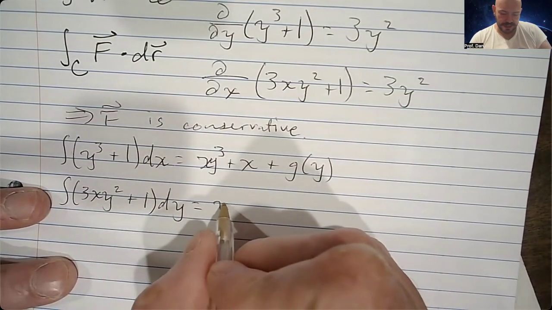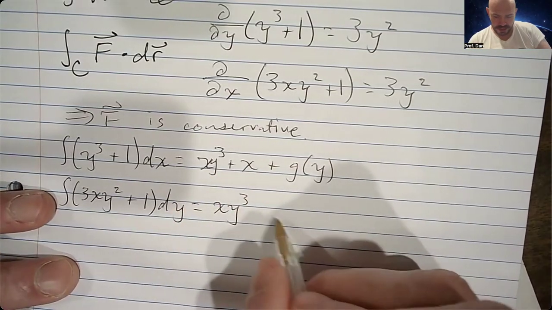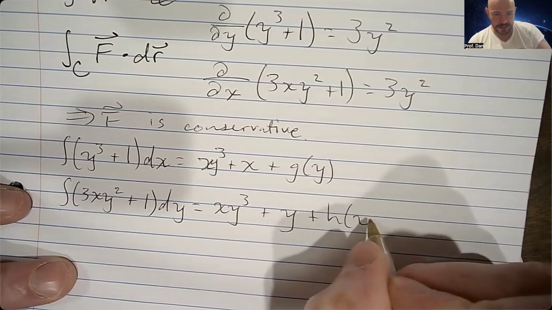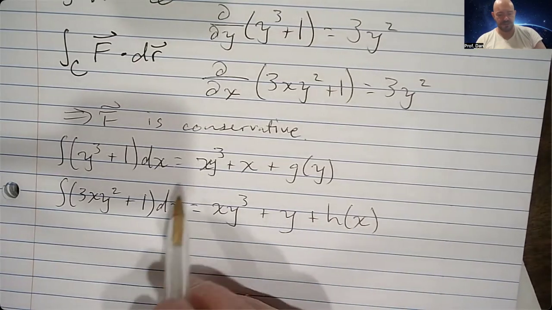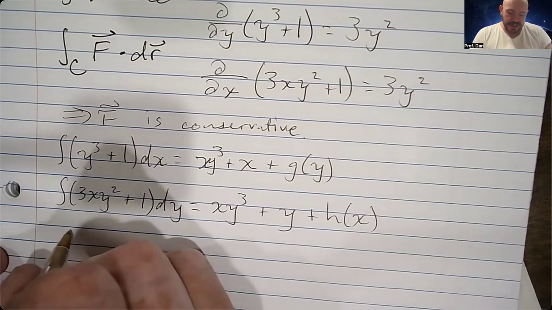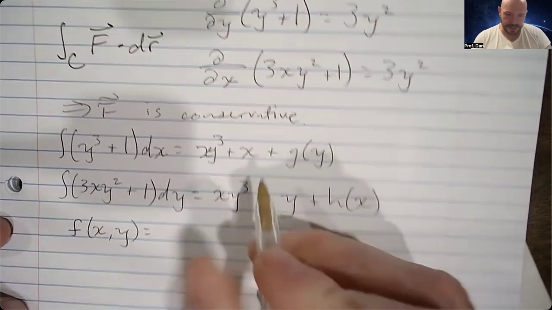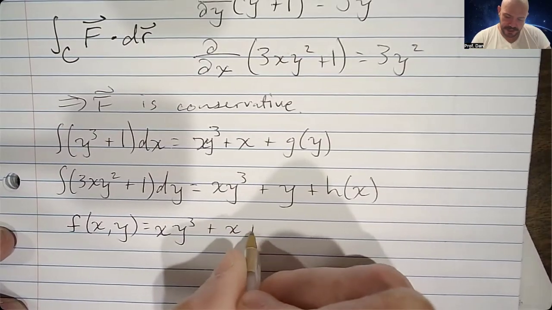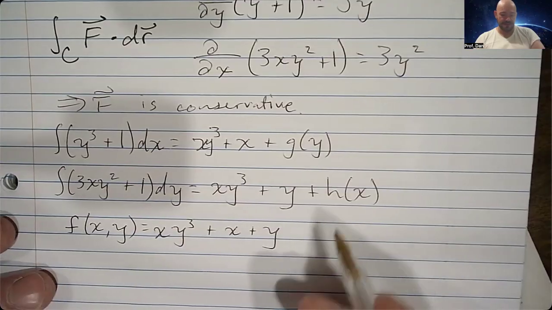So I would get xy cubed, which already popped up in the other one, plus y, plus perhaps some other function that involves the variable that's not y, which we already know is going to be this guy. So if I combine all of the pieces together, I get that my potential function f of x, y is xy cubed plus x plus y, and then there's a plus c, but because we're going to use our fundamental theorem, I'm not going to write it.